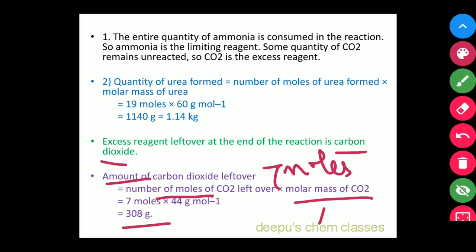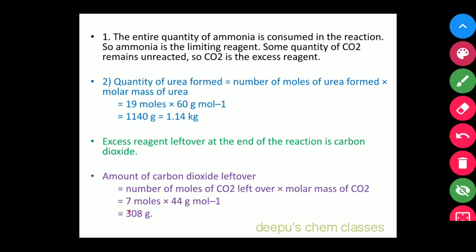Just now we found the molar mass of carbon dioxide is 44 gram per mole. So 7 moles remaining into 44 gram per mole, if you multiply these two values, we get 308 gram of carbon dioxide.